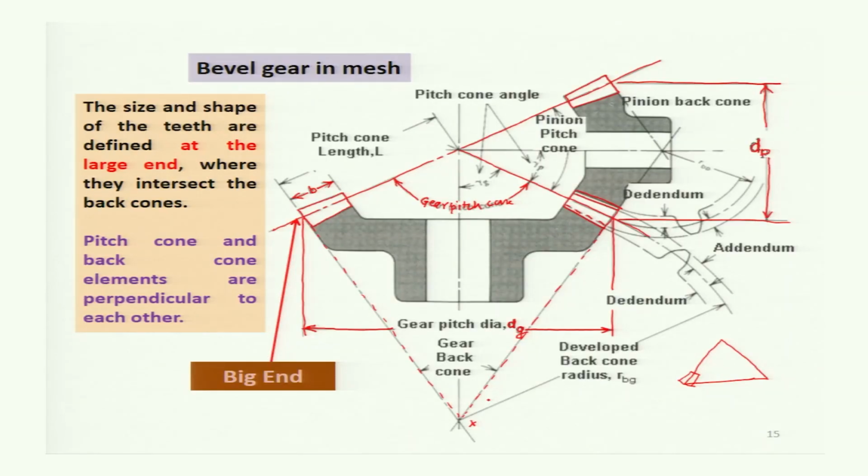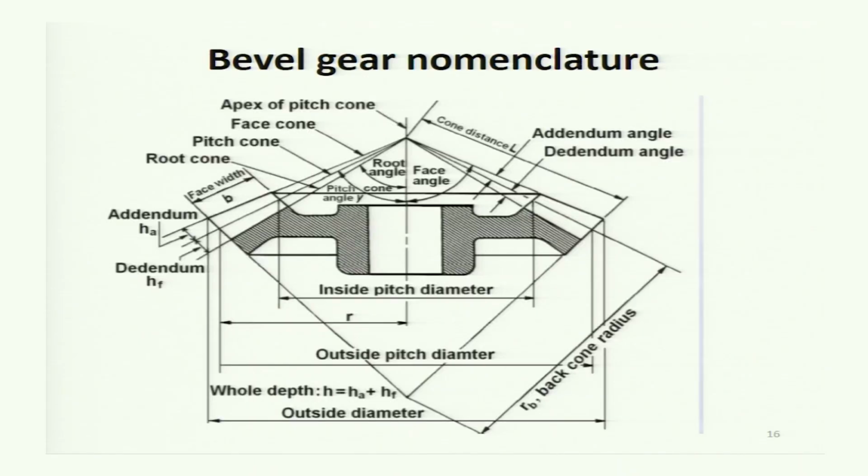Now, in this bevel gear mesh, different nomenclatures are there, and those nomenclatures we will study in the next slide. Here a single bevel gear is shown in section and different nomenclatures are shown. This is your pitch line, this and this, which forms the pitch cone.